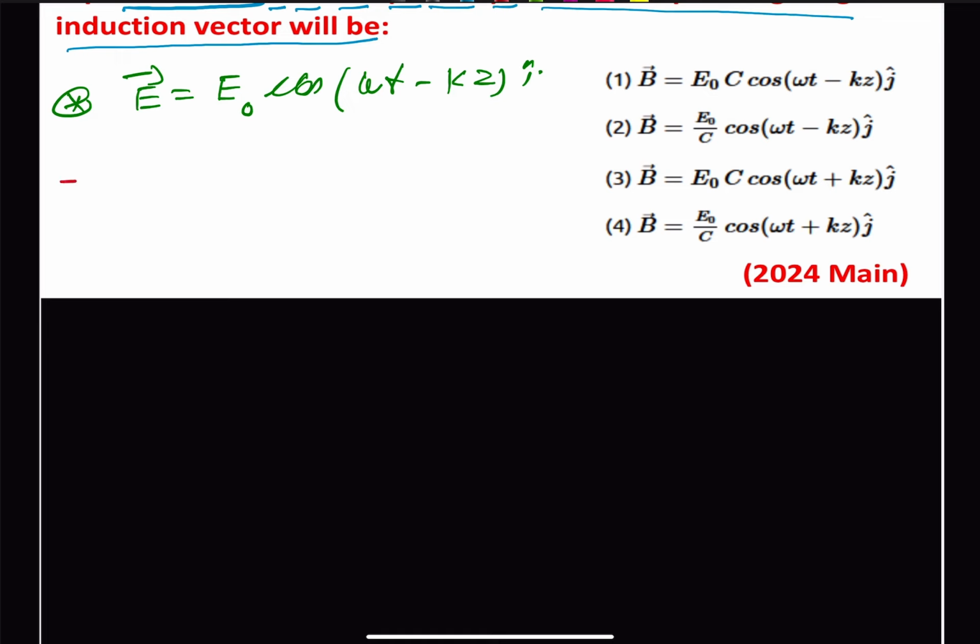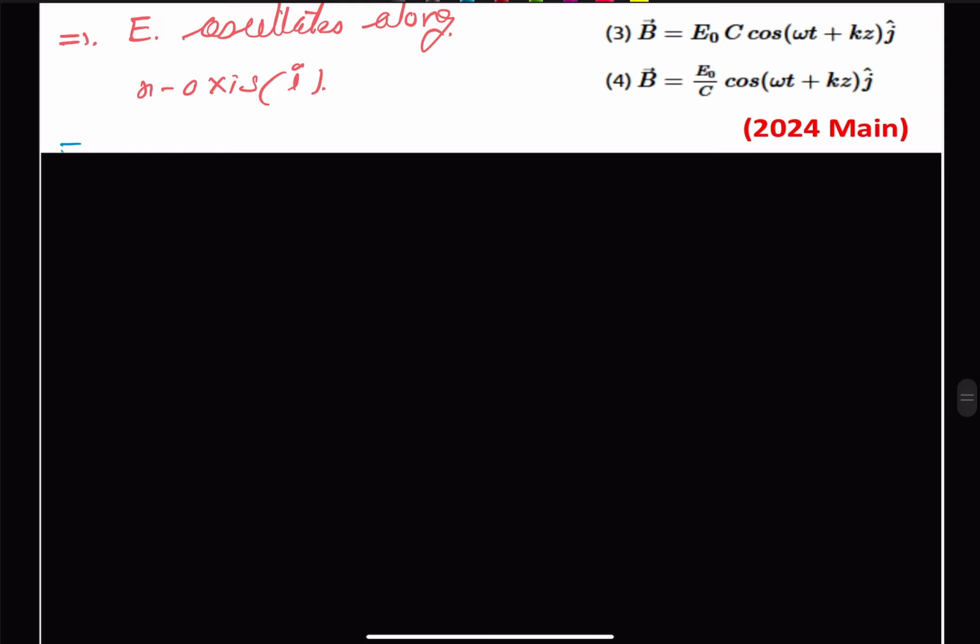Therefore from here we can say that our electric field oscillates along x-axis, which is basically our i unit vector, and we can also say that our wave propagates along z-axis.